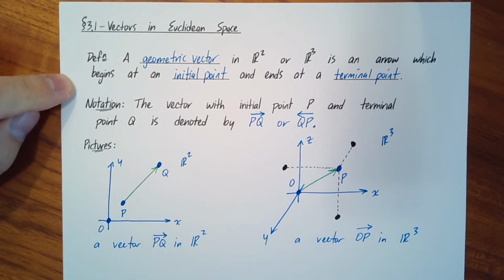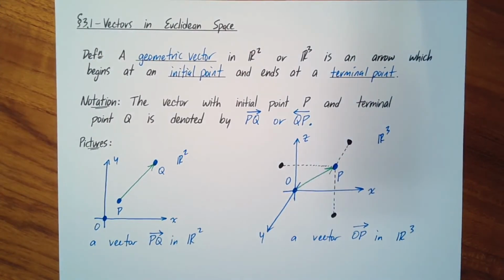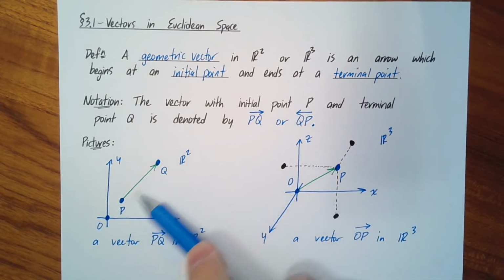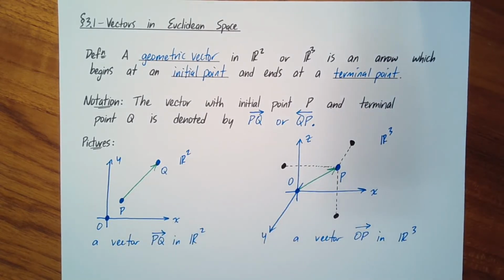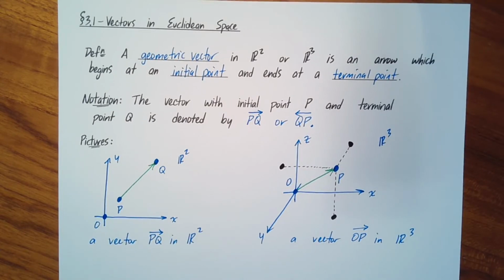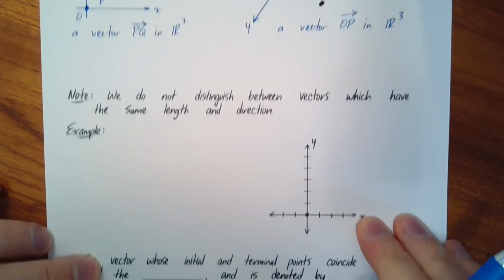Well, if two vectors have different initial and terminal points, but their lengths, as in if you measure the length of the arrow as a line segment, and their directions, in other words, their orientations, are the same, then we still take those vectors to be the same. That's what it means to not distinguish between them. So that's what this note is saying.